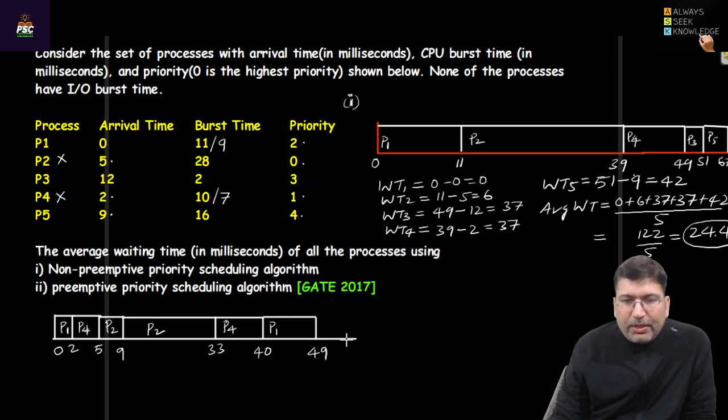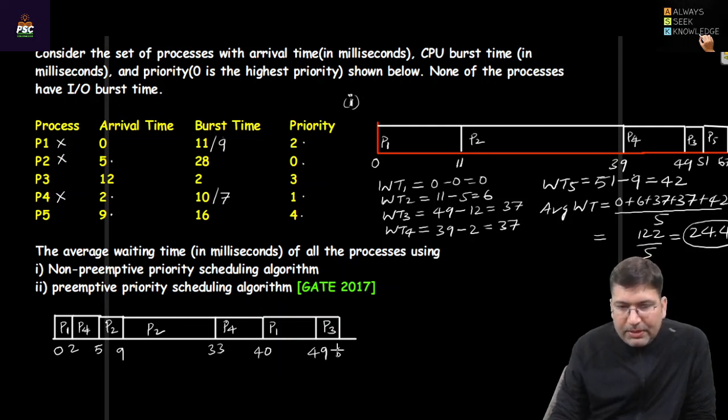Now after this moment, because this is done with the execution, P3 will be scheduled. When we schedule P3, it is requesting 2 cycles only. So P3 will consume only 2 cycles and it will end by 51. So let's say this is 51.